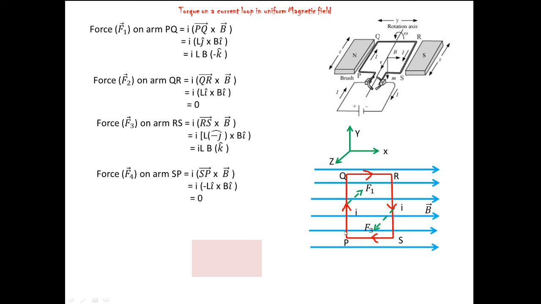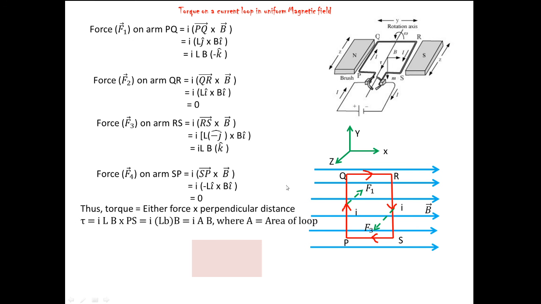But see, the arms PQ and RS experience equal but opposite forces, and we know equal and opposite forces acting on different lines of action constitute a couple, and the torque of this couple is force into perpendicular distance.